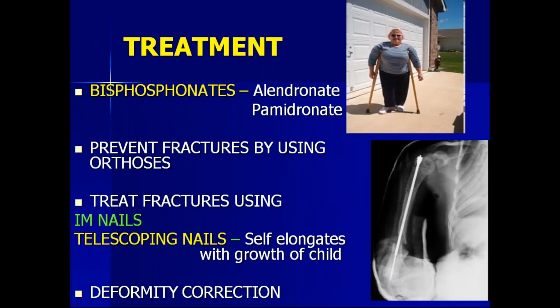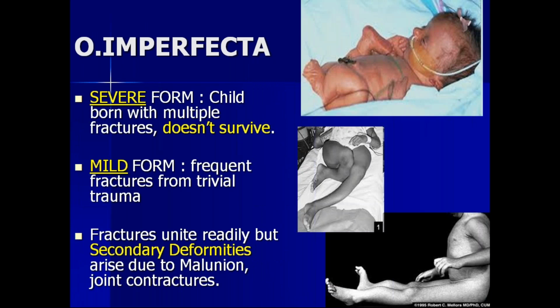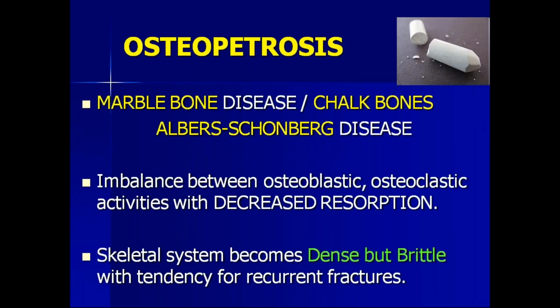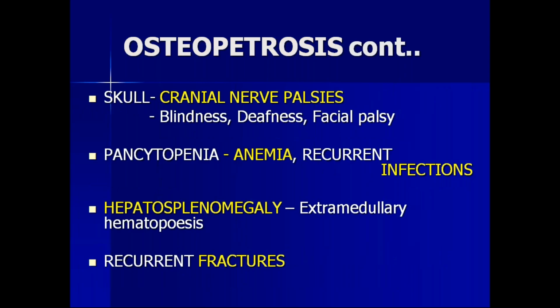So again, I will summarize. Osteopetrosis is marble bone disease. Imbalance between osteoblastic and osteoclastic activity, where there is more bone forming activity. The bones are very dense, but they are very brittle.